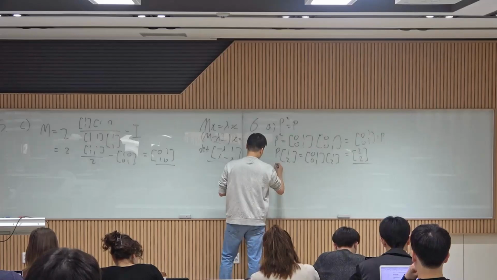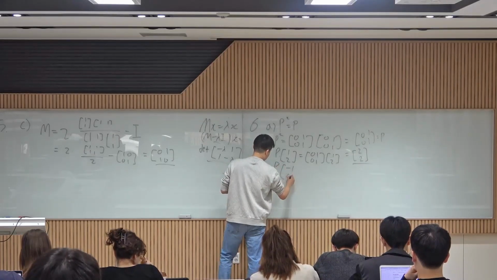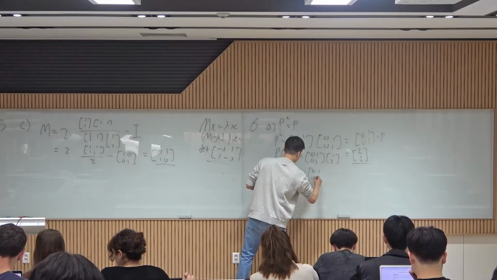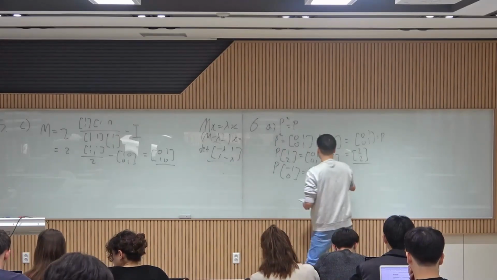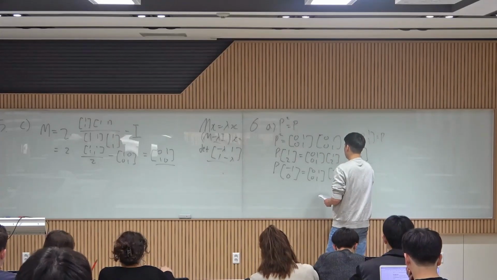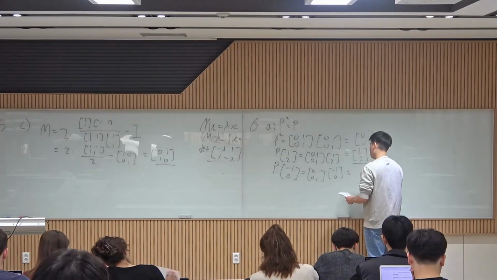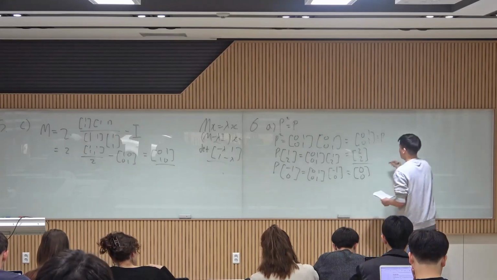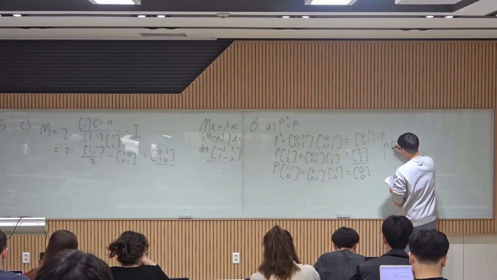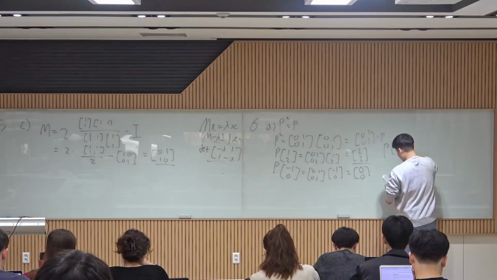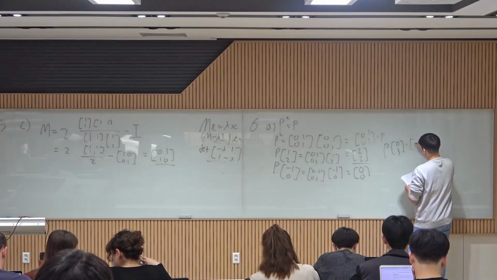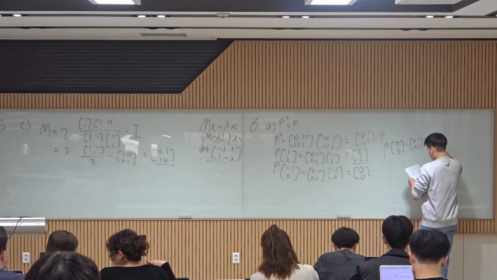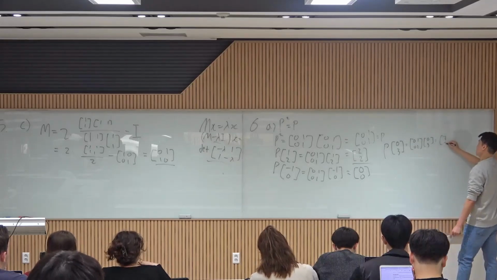And this gives us the (0, 0) vector, and the last is (3, 3), okay?